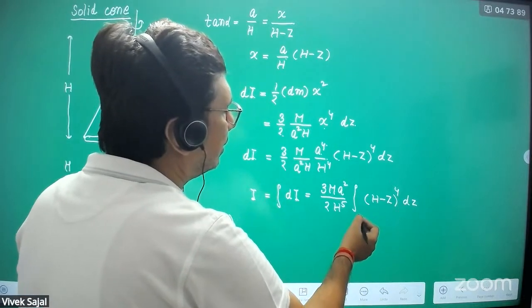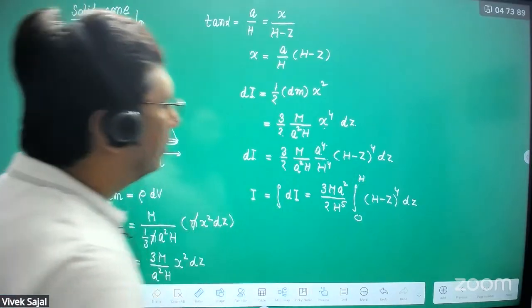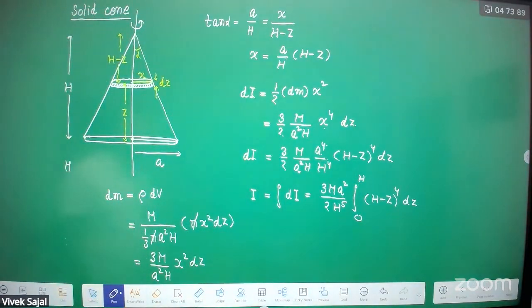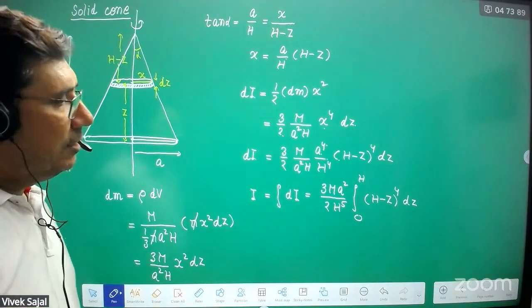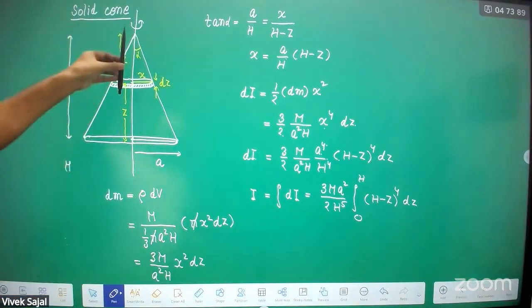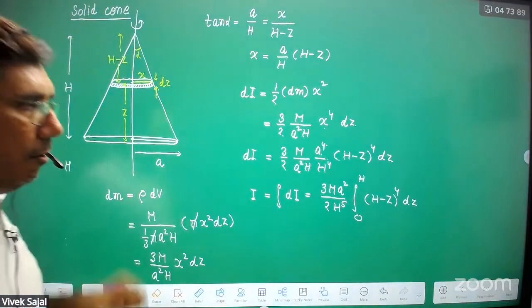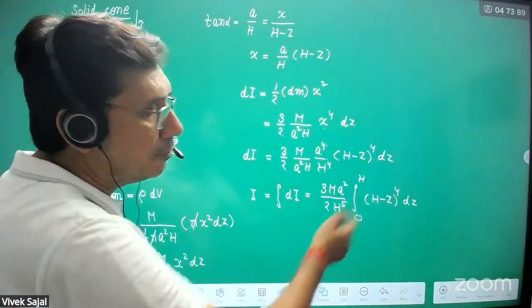And ये कहाँ से कहाँ तक होगा बेटा? 0 से लेके h तक. Yes, बेटा? So this will be the moment of inertia of this complete structure if you are rotating it about this axis of symmetry.